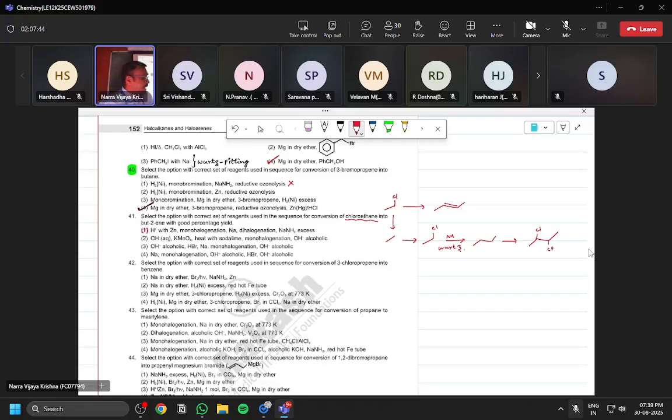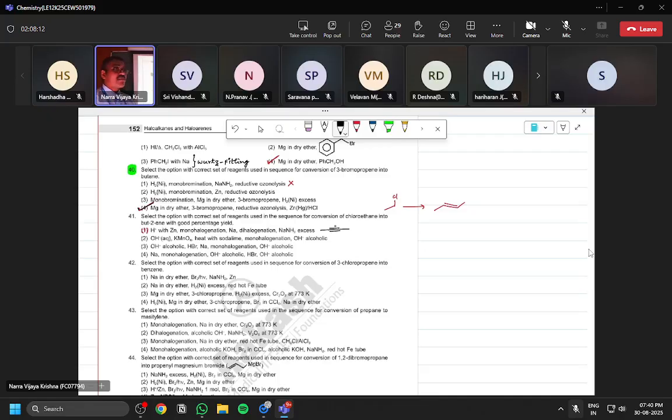Then NaNH2 in excess quantity gives an alkyne, so 1, 2, 3, 4 with a triple bond here. But what I should get is a double bond only, not a triple bond. Means option 1 is gone. In option 1, the product will be but-2-yne.